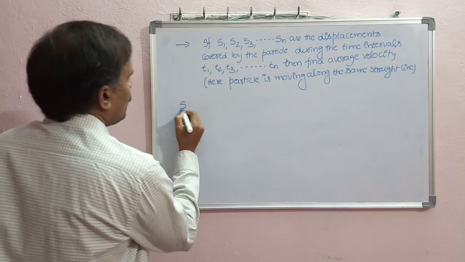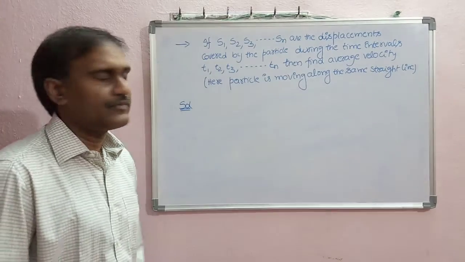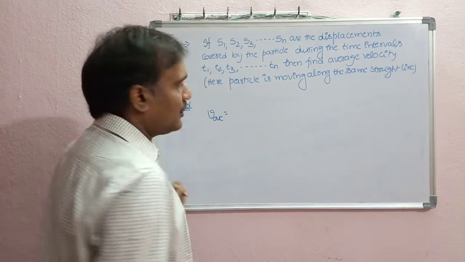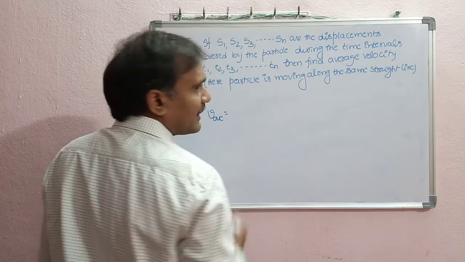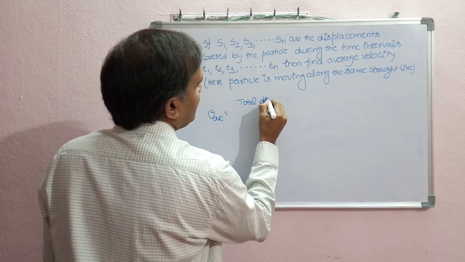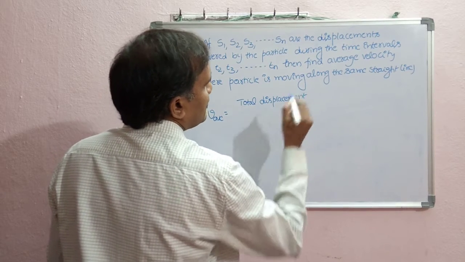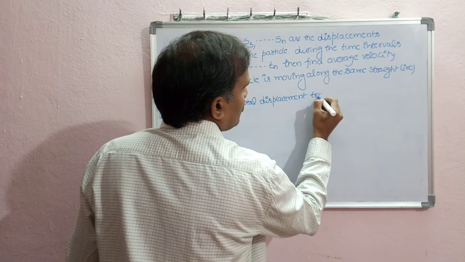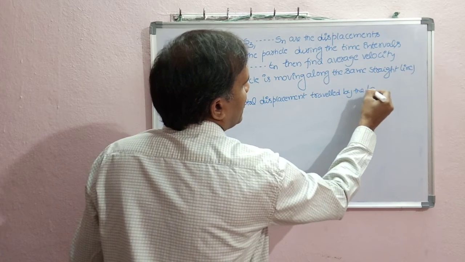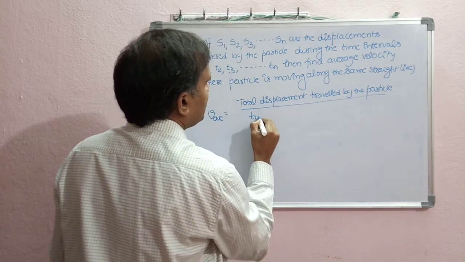Okay, now we want to find out average velocity or average speed. V average is equal to total displacement traveled by the particle divided by time interval.